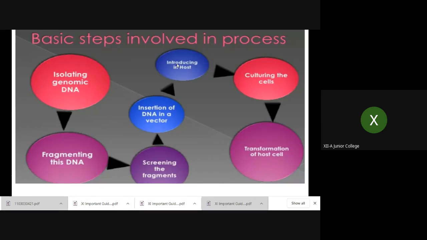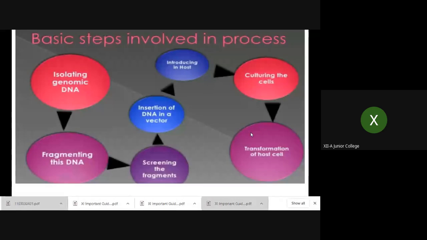So that is the recombinant vector. Now the recombinant DNA is inserted in the host, and generally fast growing cells are used. So introducing the rDNA into the host, then culturing of these cells, and then transformation of the host cell.